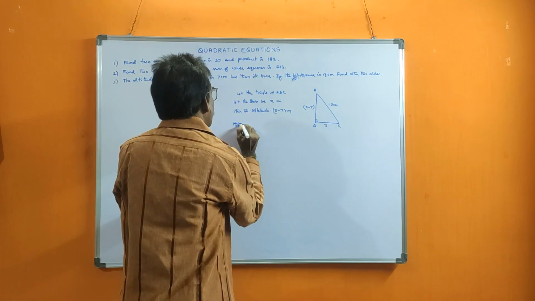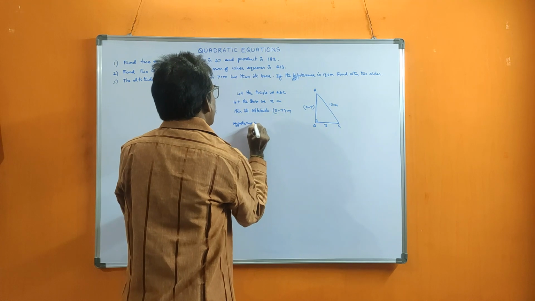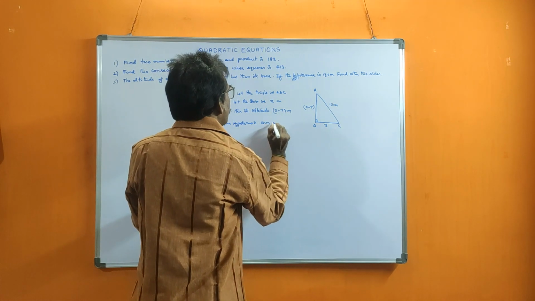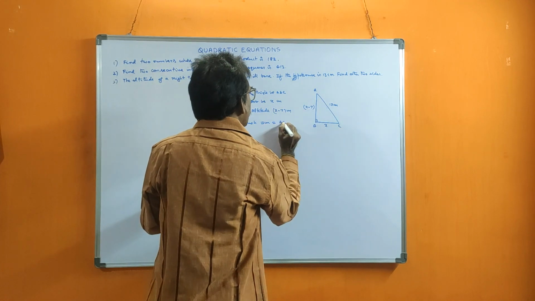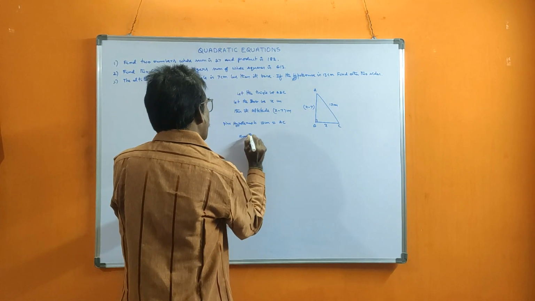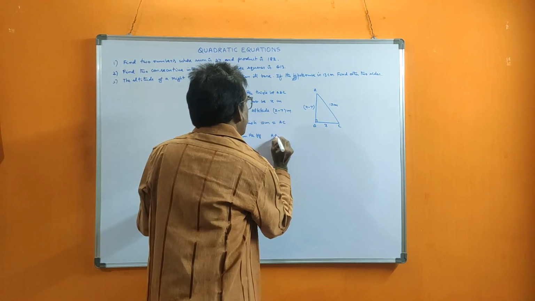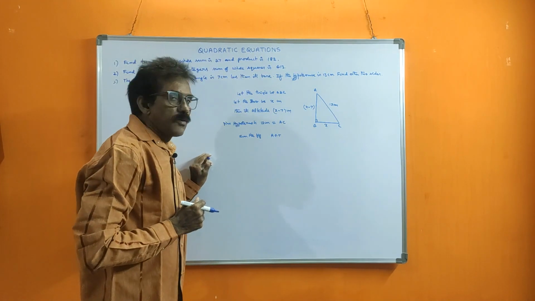The hypotenuse is given, 13 cm, that is equal to AC. From the figure we can use the Pythagoras theorem.